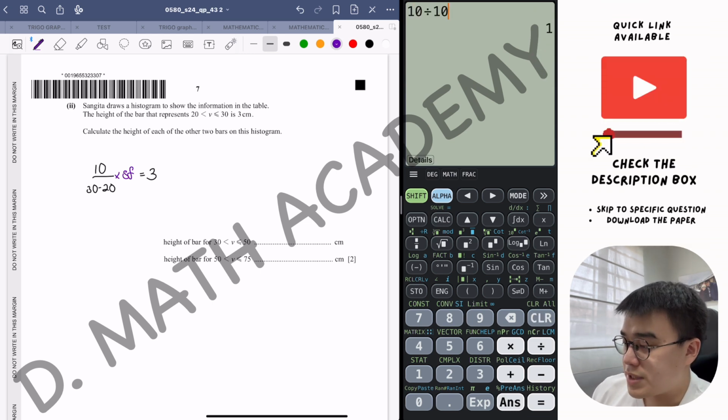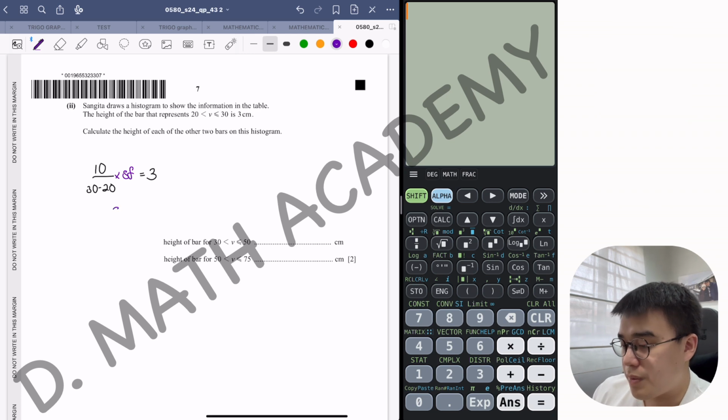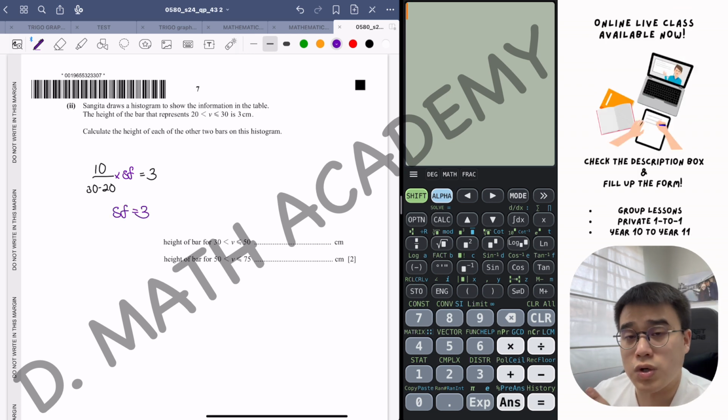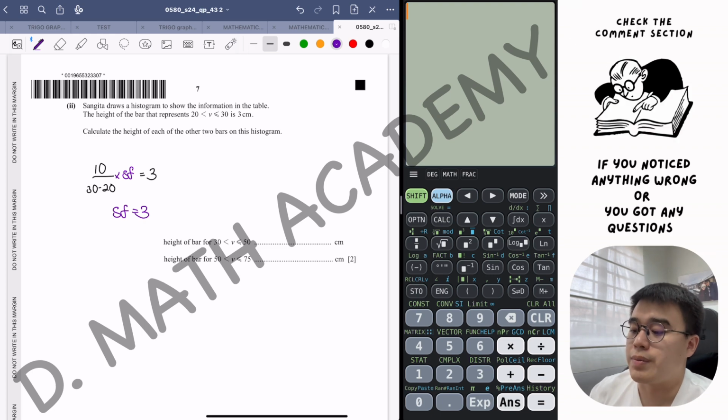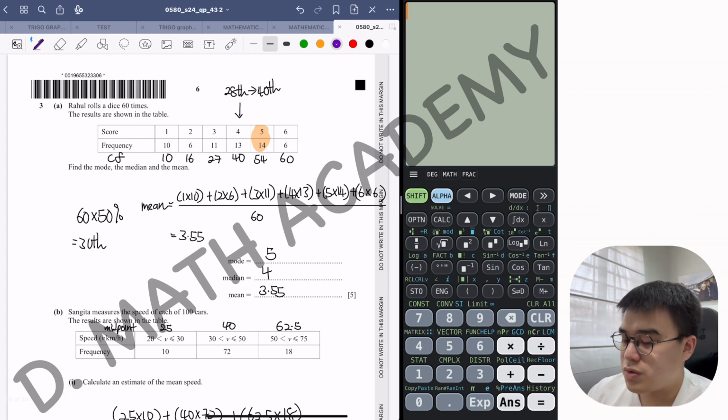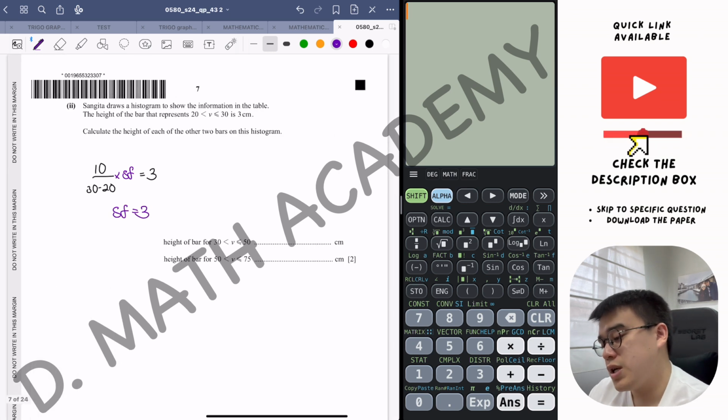So 10 divided by 10 is actually just 1. This is a reminder that moving forward, for the other two class intervals, all of them will be multiplied by 3.